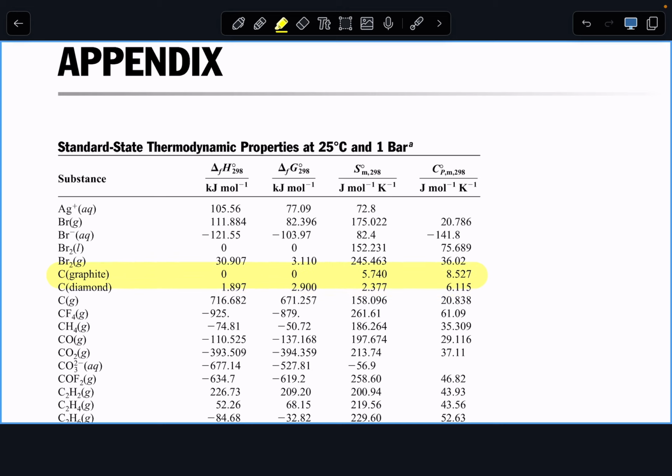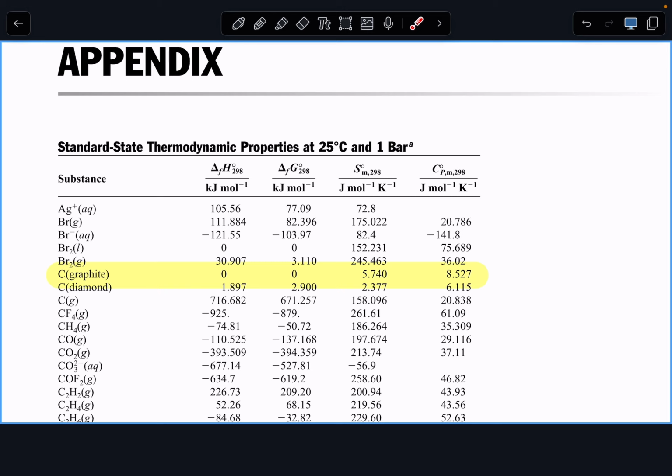So if we look at carbon in its graphite form, the carbon solid in its graphite form is already the standard state of the element carbon. So the standard enthalpy of formation of element carbon will be 0.